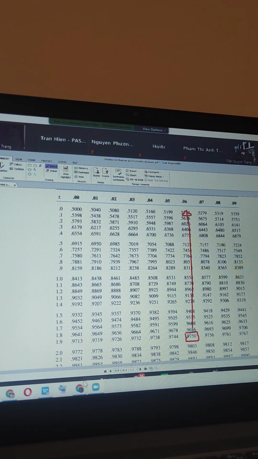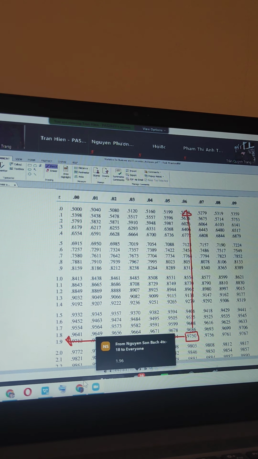The probability is equal to 97.5%, so the value for z will be exactly 1.96. Sometimes the table shows you the value for the probability, or sometimes you have to estimate or find the average between two values. Okay.